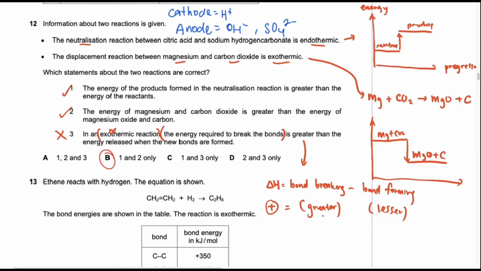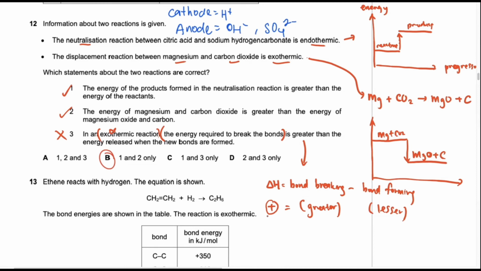They are trying to say that bond breaking is greater and bond forming is a smaller value. Imagine, let's say you have 1000 for bond breaking and bond forming is just 200. So 1000 minus 200, you get positive 800.